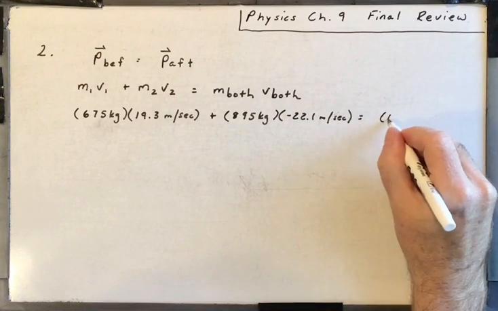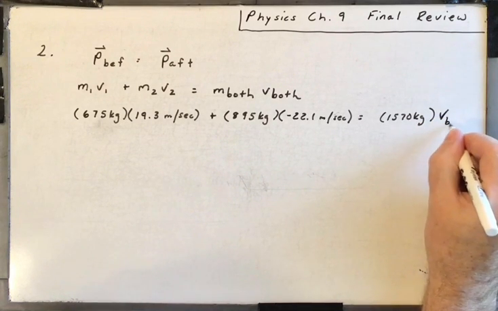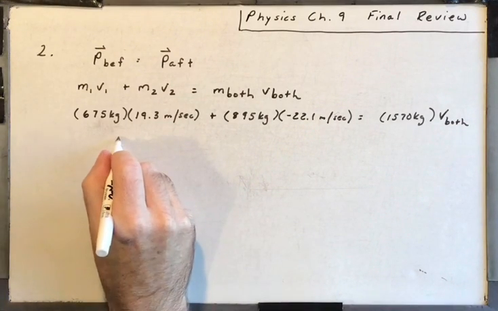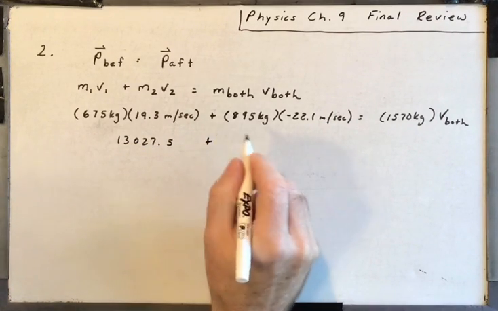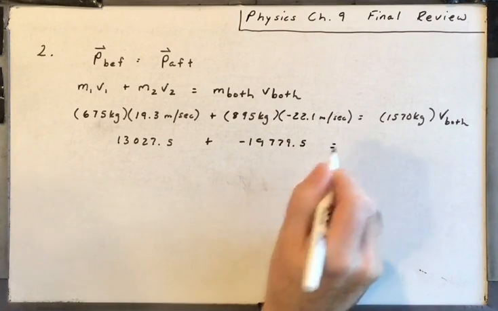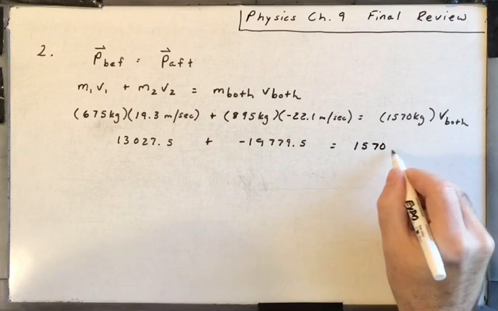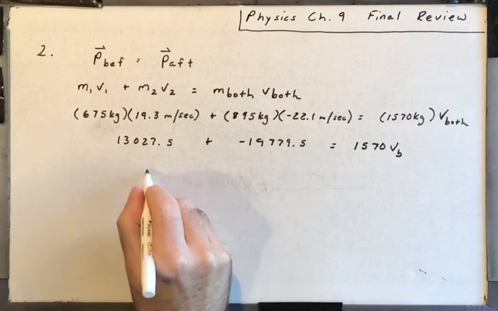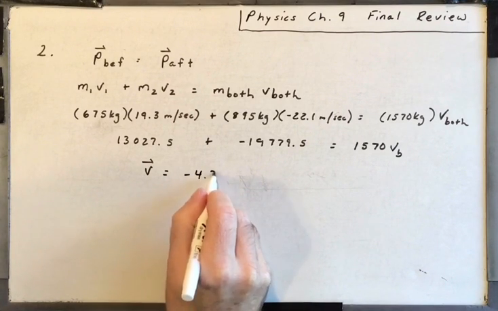So that's 1570 times velocity of both. All right, so those numbers are 13,027.5 plus negative 19,779.5 is equal to 1570, call it V sub B for both. All right, so if you do the math there, you'll get a velocity of negative 4.3 meters per second.